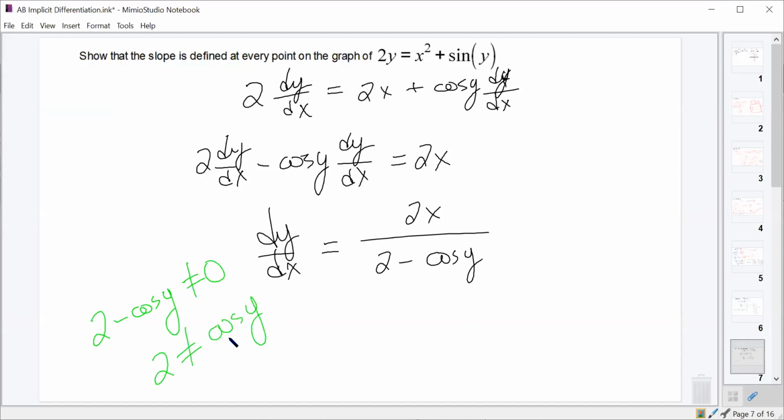So anytime that the cosine of y equals 2 would be a place where this is undefined, right? When does cosine y equal 2? Never, because the range of cosine is -1 to 1. So therefore, there are no values that make this undefined.